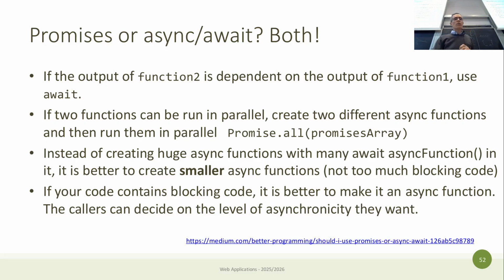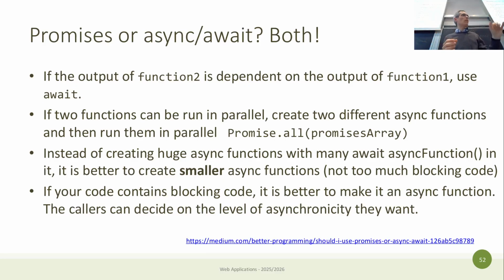If two or more functions can be run in parallel, well, maybe it's better to use promises and use the Promise.all method that we saw before. Okay? Because there's no real alternative to await for two asynchronous functions at the same time.